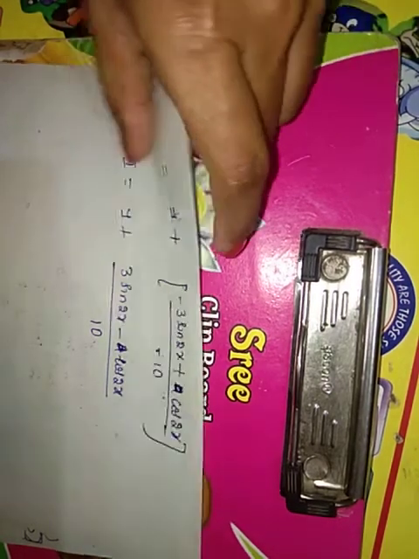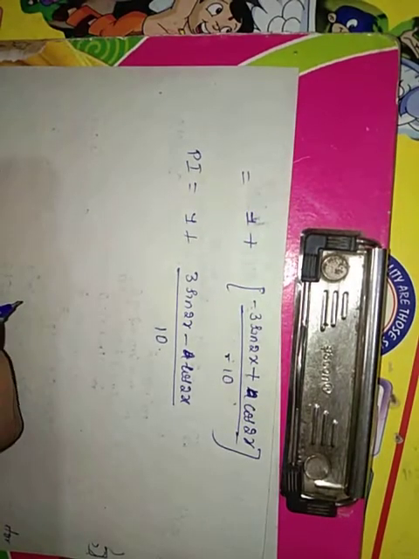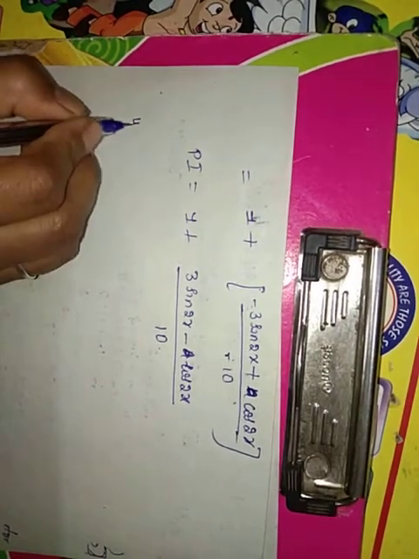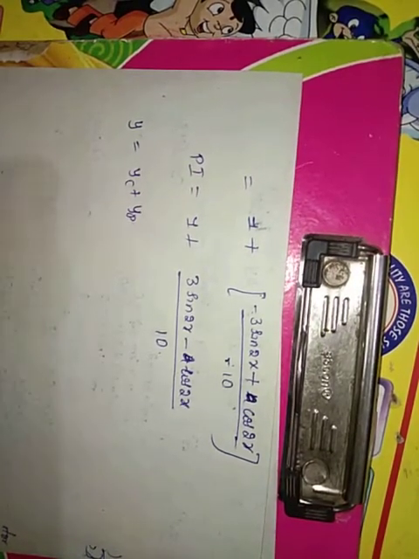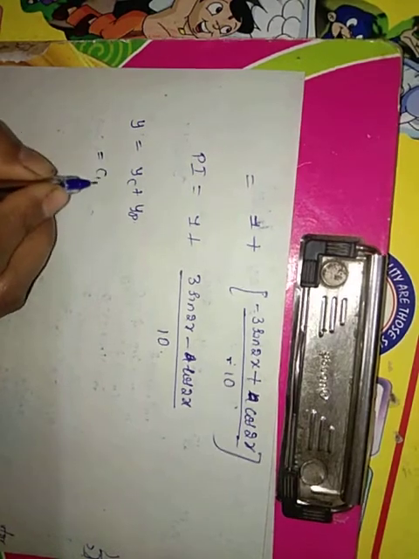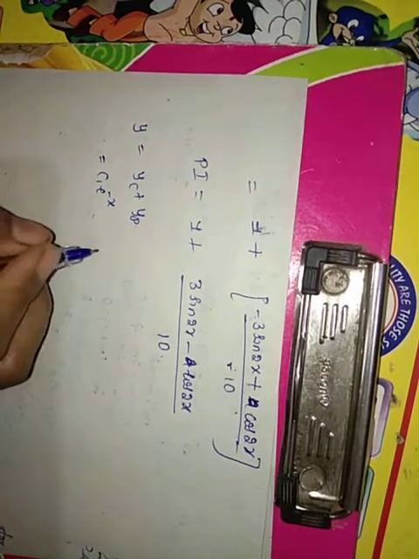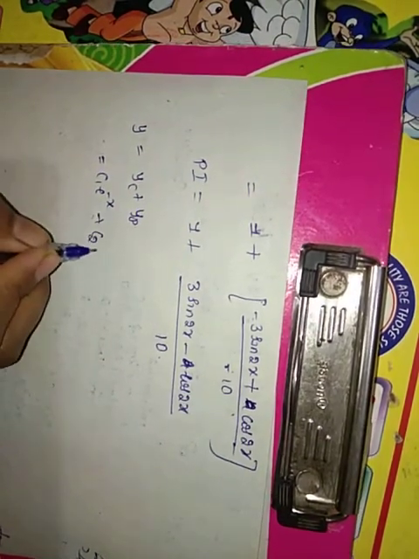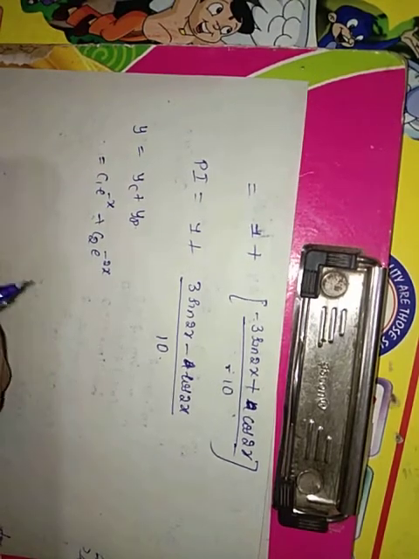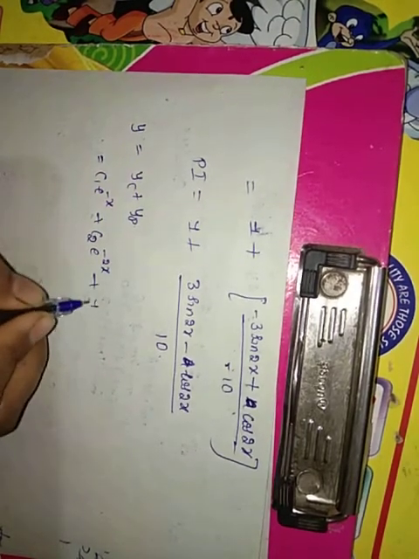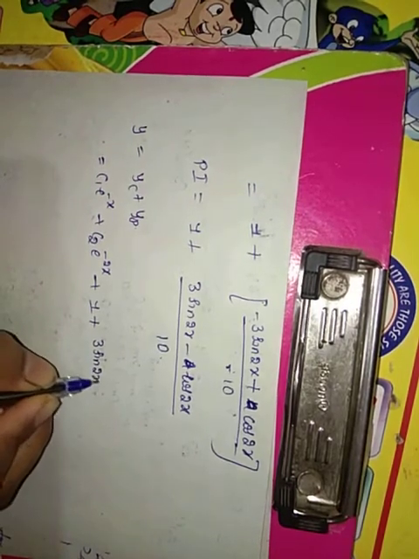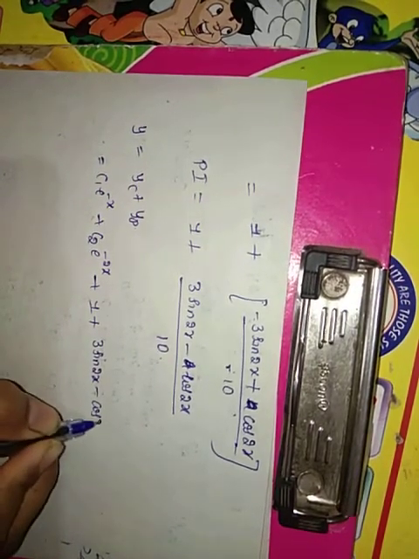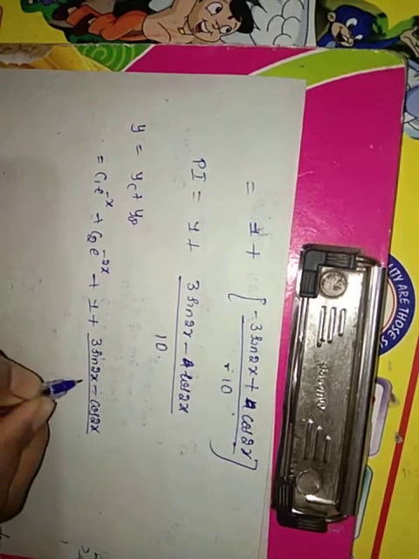Now we have to write down the complete solution. So y is equal to yc plus yp, or CF plus PI. So y is equal to c1 e raised to minus x plus c2 e raised to minus 2x plus 1 plus 3 sin 2x minus cos 2x divided by 10.